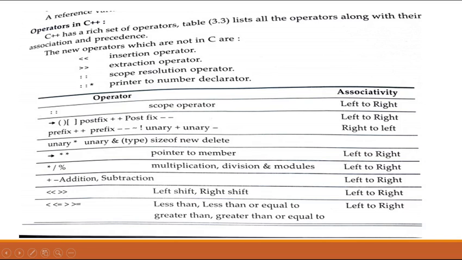Okay, so the pointer to member operator, that is star star, has associativity left to right. Then multiplication, division, modulo, you know about these operators, that is left to right. And addition, subtraction have the left to right associativity.